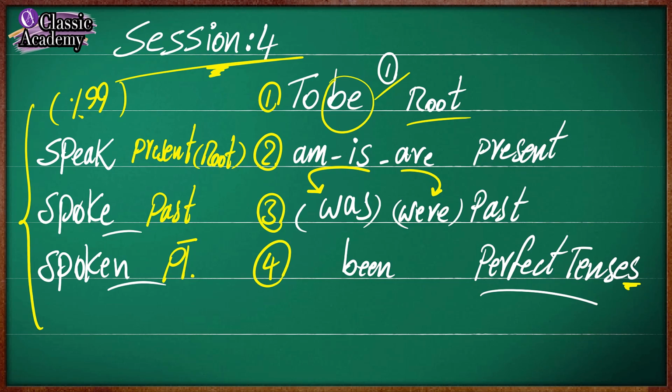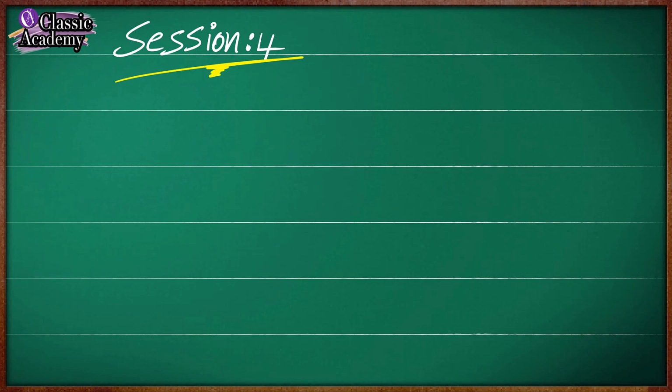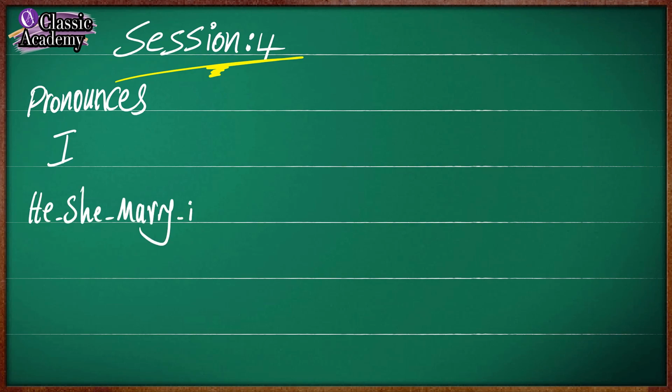Okay, so let's go to another part of be. This is very, very important. Well, we separate am, is, are for different pronouns. Look at this one. Pronouns: I, he, she, Mary, it, you, we, they. Well, of course, there are some more different kinds of nouns that we can put here, like Mary and Tom.